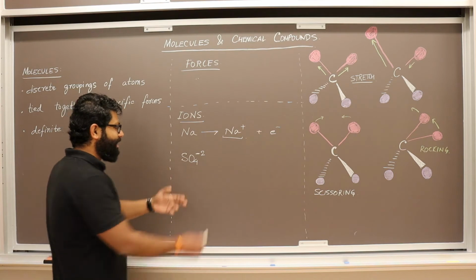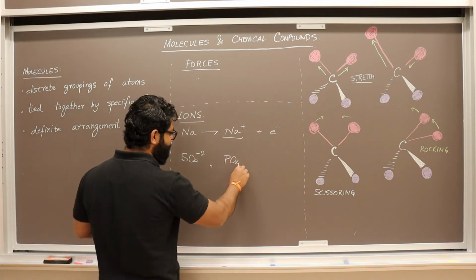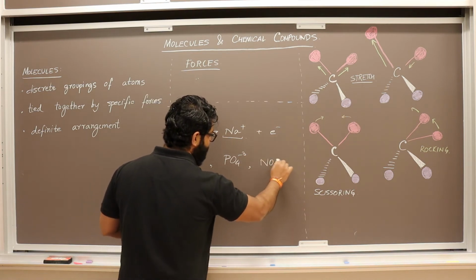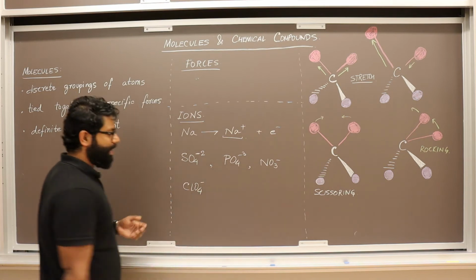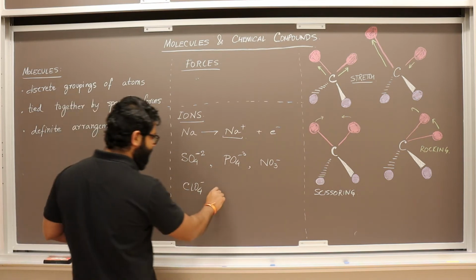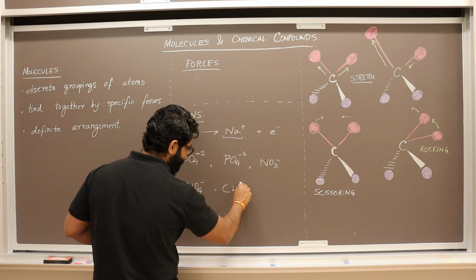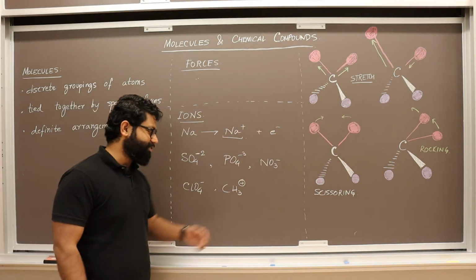So you can have negative charges like this. This is the sulfate ion, this is the phosphate. You can have a nitrate. You can have a perchlorate, things like that. You can also have positive charges. So you saw you can have Na+. You can also have a carbocation, as we call it, CH3+.